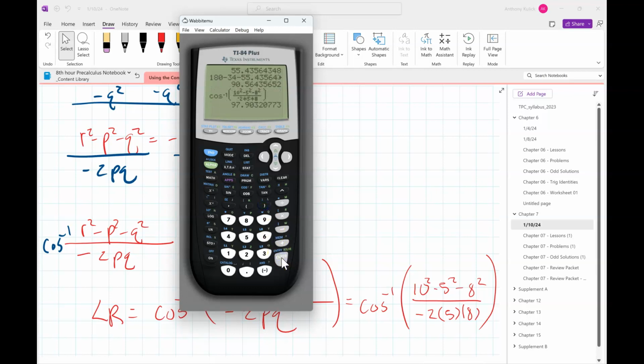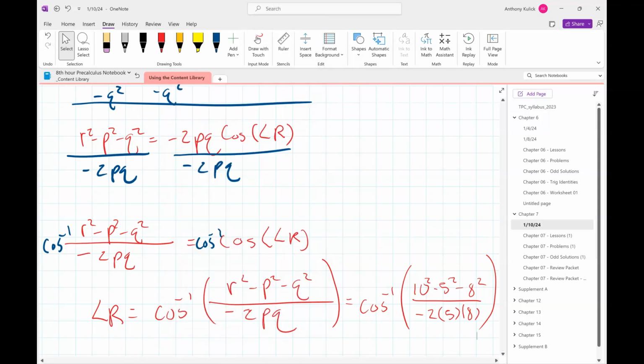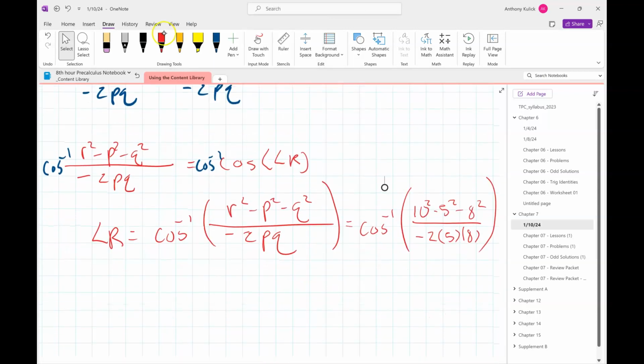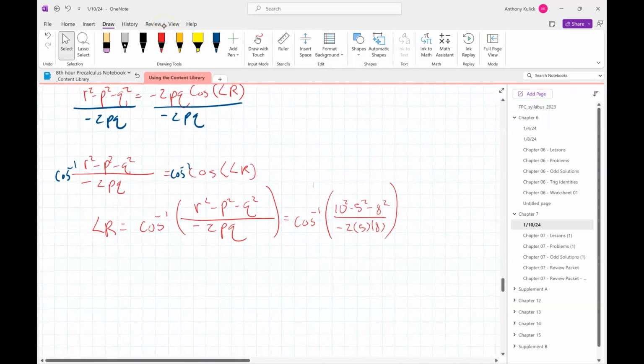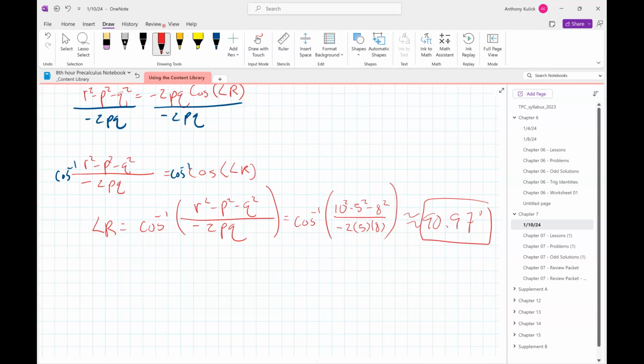Enter. 97.90. Is everybody okay with how I got that into my calculator? Again, not difficult to do it that way, but so many times I see students just not going that route, and it makes a problem.